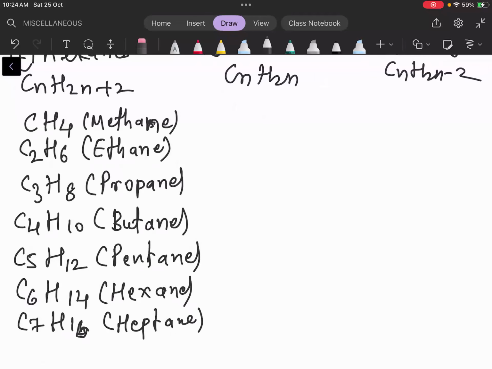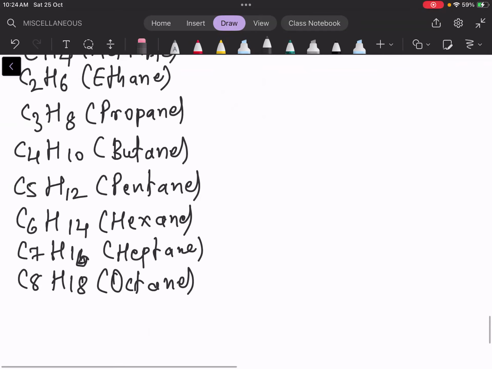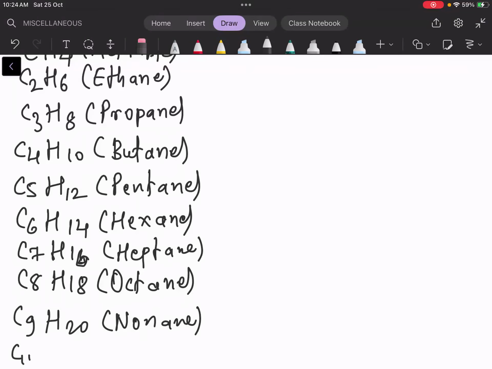N is equal to 8, C8, 2 eights are 16 plus 2, 18. So C8H18, nothing but octane. Then 9, C9H20, nonane. Then 10, C10H22, decane, etc.